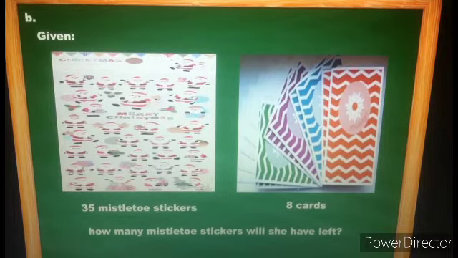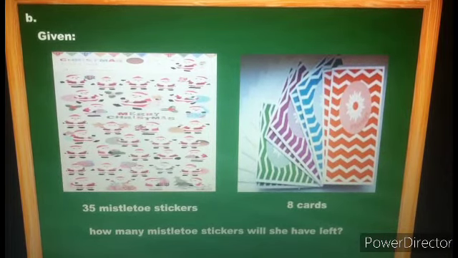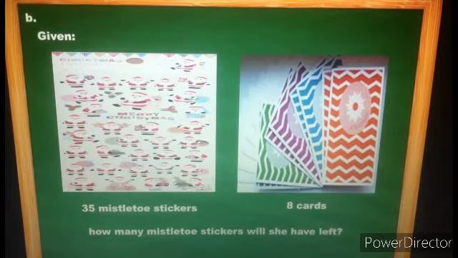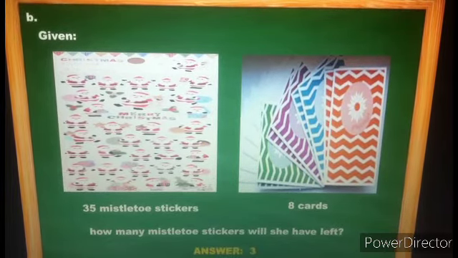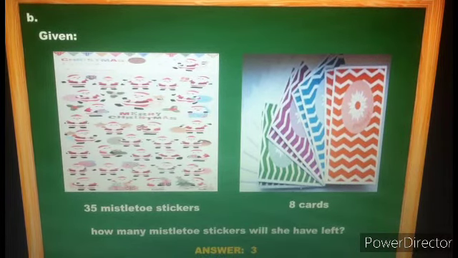Just focus on what is asked in the question and what is said in the problem to be able to get the correct answer. Now, can you tell me the answer? If your answer is 3 mistletoes left, you are correct, by dividing equally among the cards.